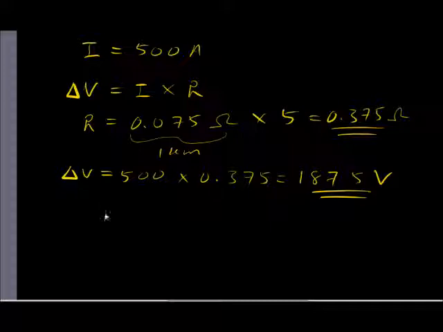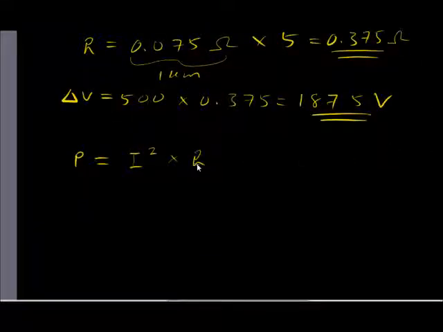Alright, for part 2 we need to calculate the power loss in the cable. To calculate the power loss, we just use this equation, which is I squared multiplied by R, where I is the current carried by the cable, and R again is the resistance of the cable.